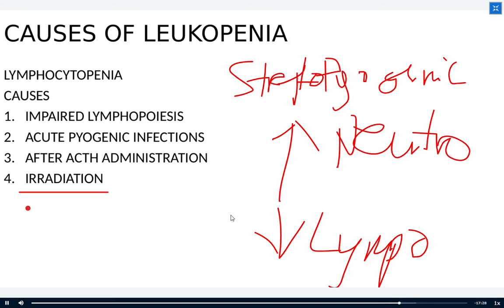Class, when would you do irradiation? Anong sakit mo pag mag-irradiate ka? What is your sickness if you have to undergo irradiation?